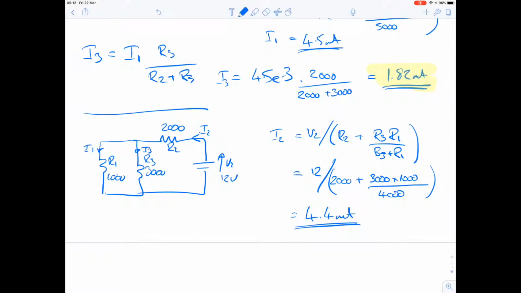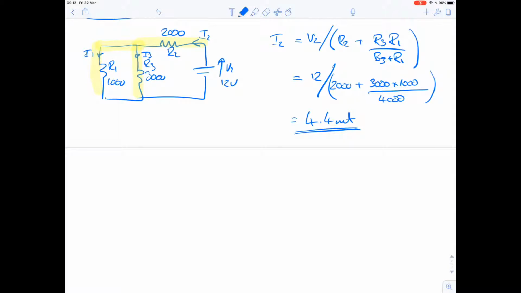We now got a current divider. The current is flowing into this junction, and it flows out through I2 and R2, I1 and I3. So that's R1 and R3 in this particular design. Okay, so let's write out my current divider loop. I3 is equal to I2.